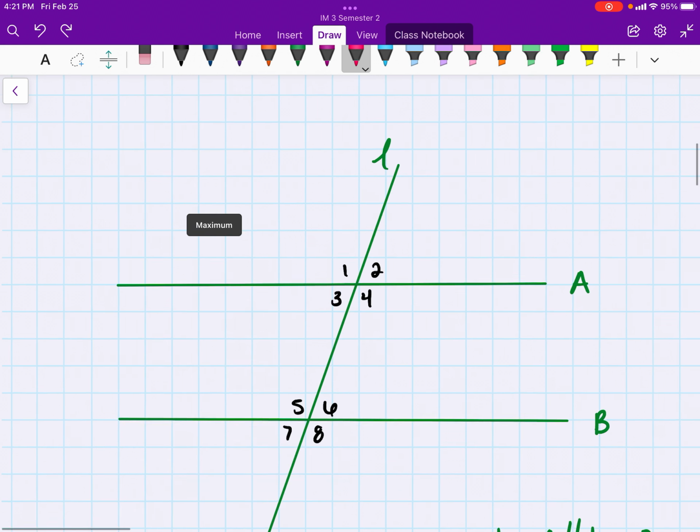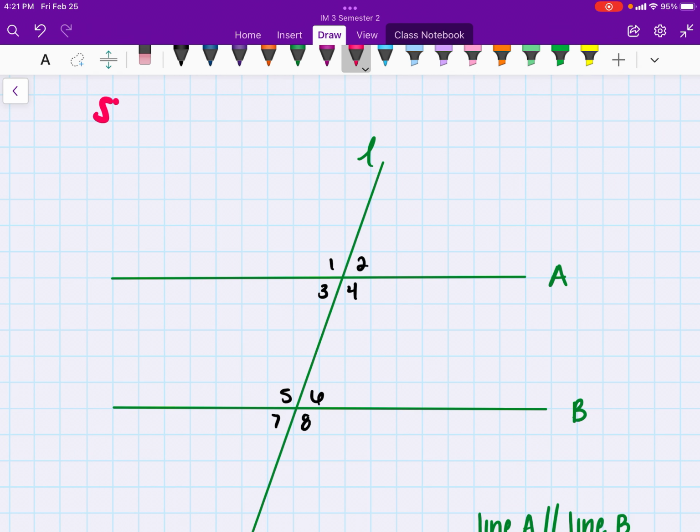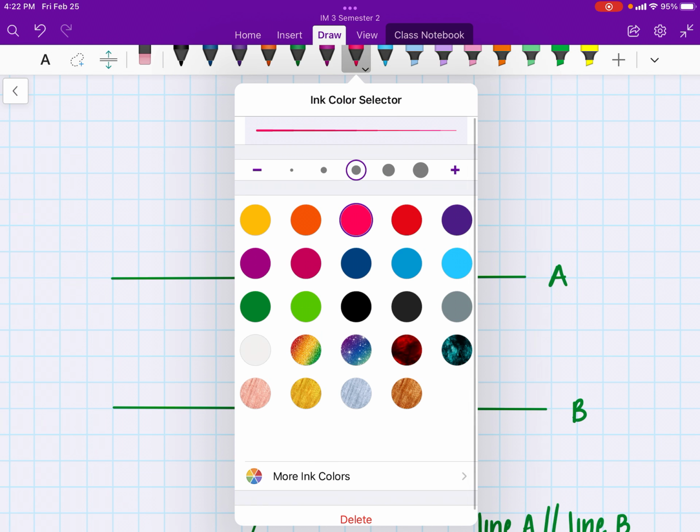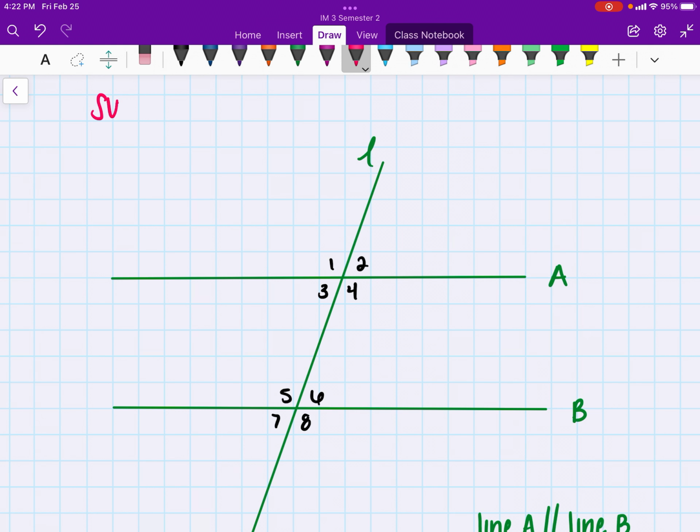Let's go ahead and talk about supplementary. So I'm going to do it up here. Supplementary. Let's do it small. So supplementary, guys, we talked about, has to add up to 180 degrees.